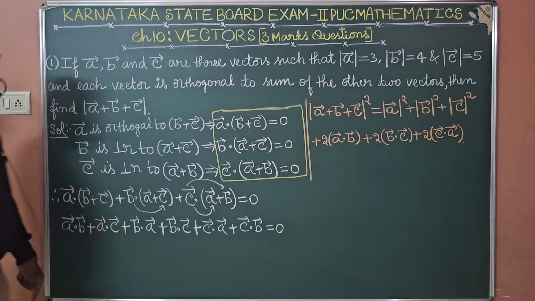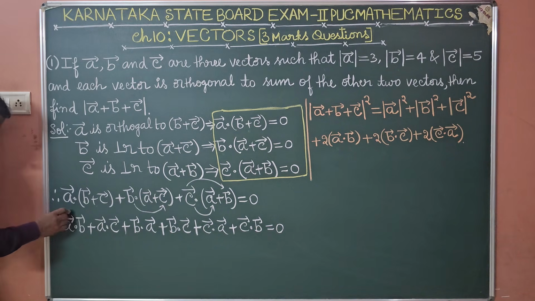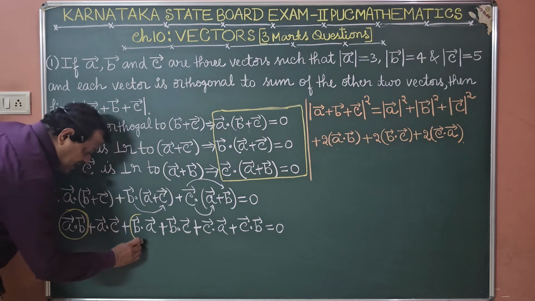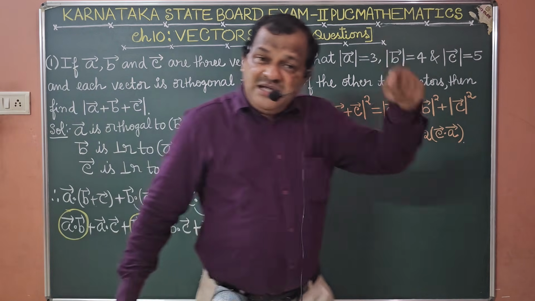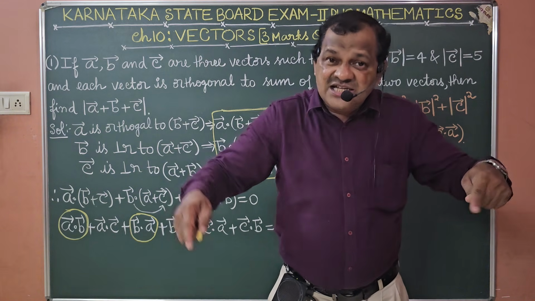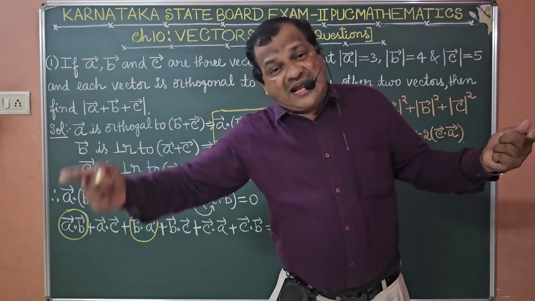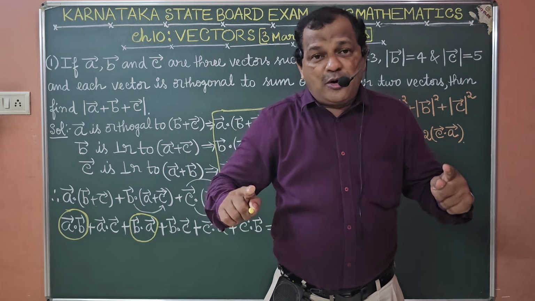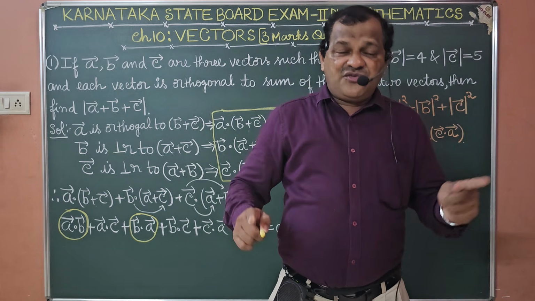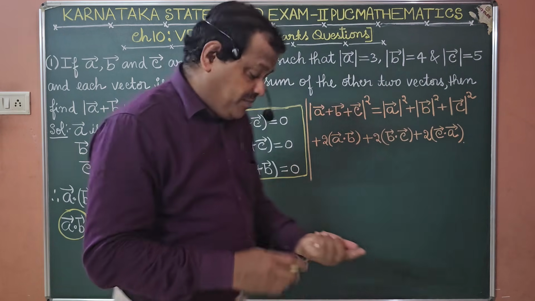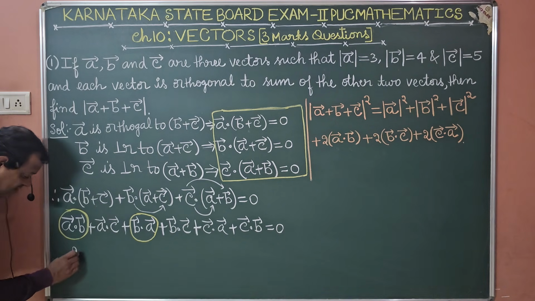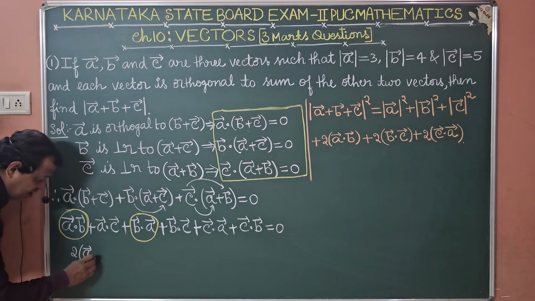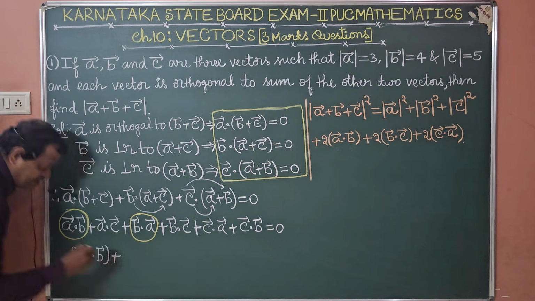Or in other words, this A vector dot B vector and B vector dot A vector are same. Why? Because B vector dot A vector is equal to A vector dot B vector, because scalar product is commutative. Therefore B dot A same as A dot B. Therefore I will add A dot B and B dot A, and write 2 times A dot B plus.